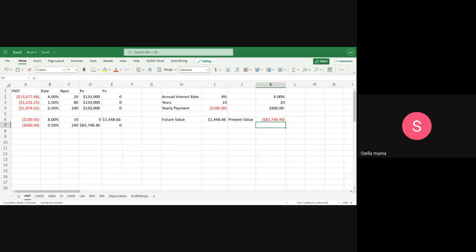For example, I can just write it here. These are just my headers: principal, and then rates, and then NPER, and then PV and FV.